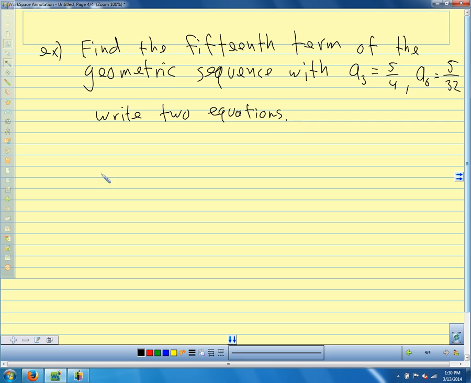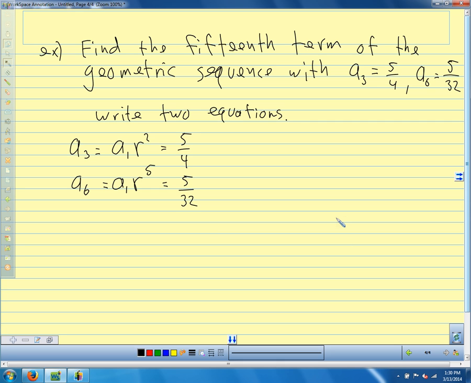So I know that a sub 3 equals a sub 1 times r squared, that's our nth term, and that equals 5/4. And a sub 6 is a sub 1 times r to the 5th, and that equals 5/32. I have 2 equations and 2 unknowns. I have a1 and r. So I need to use these 2 equations and solve for a1 and for r.